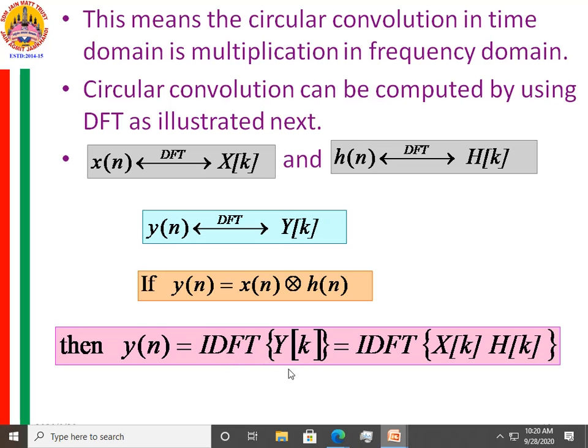When you take the IDFT of yk, you will get the sequence yn, the output. So this IDFT of yk is nothing but the IDFT of this product sequence xk into hk. This xk and hk are to be multiplied sample wise or point wise.